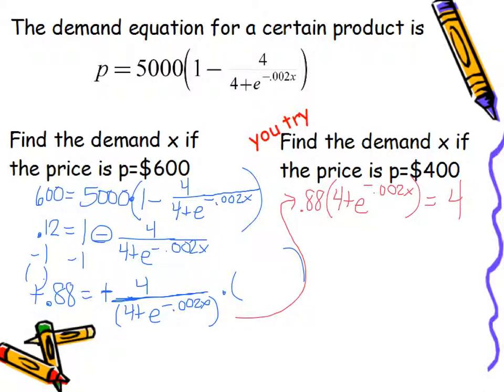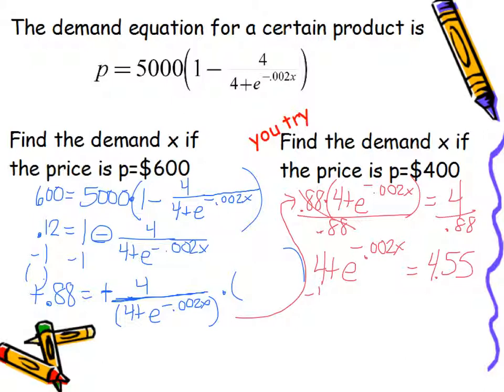So now start isolating again. Get rid of that 0.88. So 4 plus e to the negative 0.002x equals, and 4 divided by 0.88 gets me 4.545.